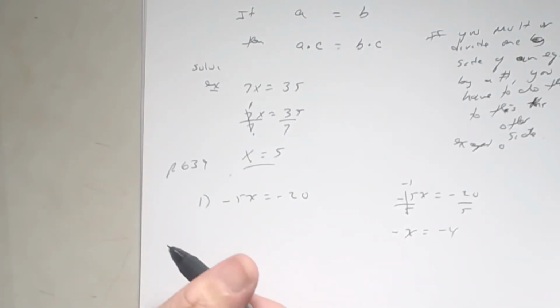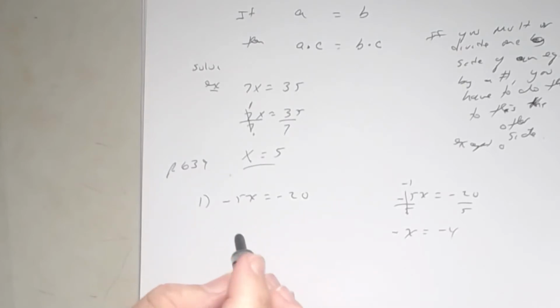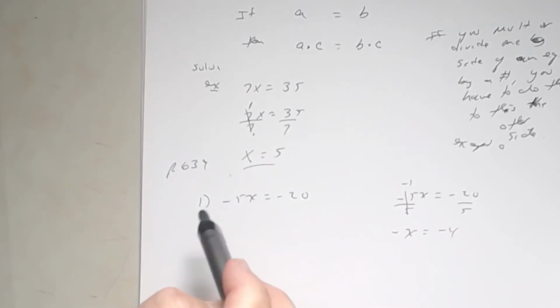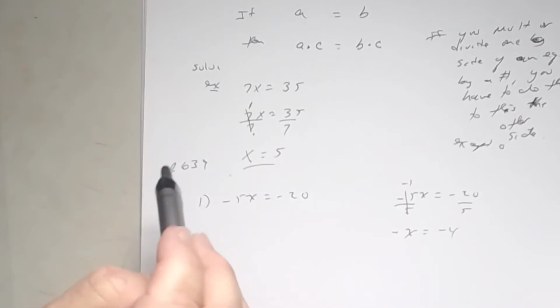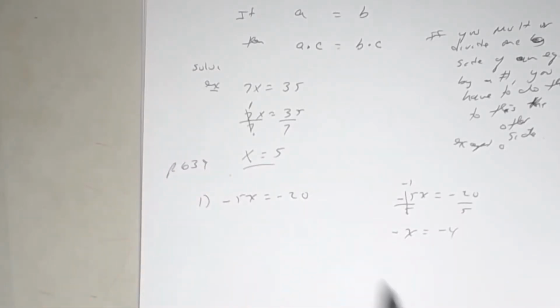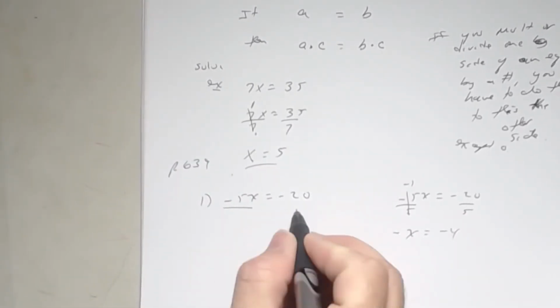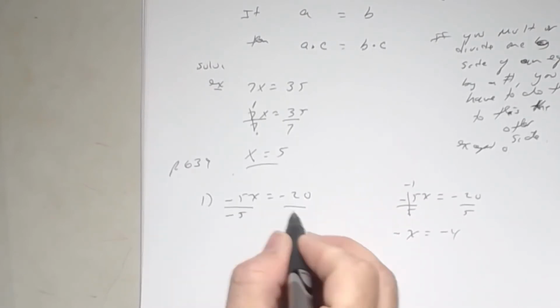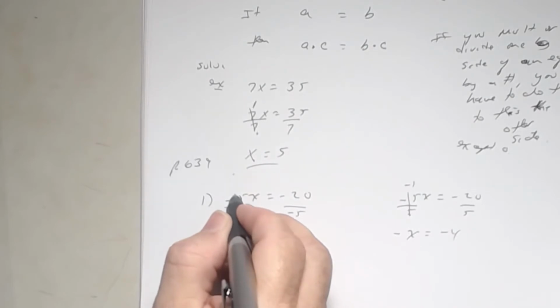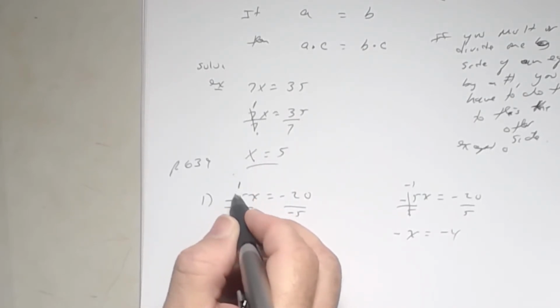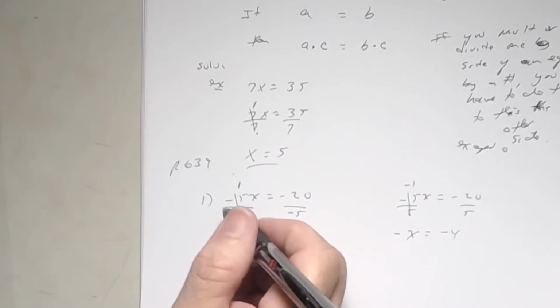Okay. Guys, mathematically, what should you be doing? Okay? All right. So what should I be doing here? Divide by -5, right? So -5 divided by -5 is a 1. How difficult is it to put a 1 there?